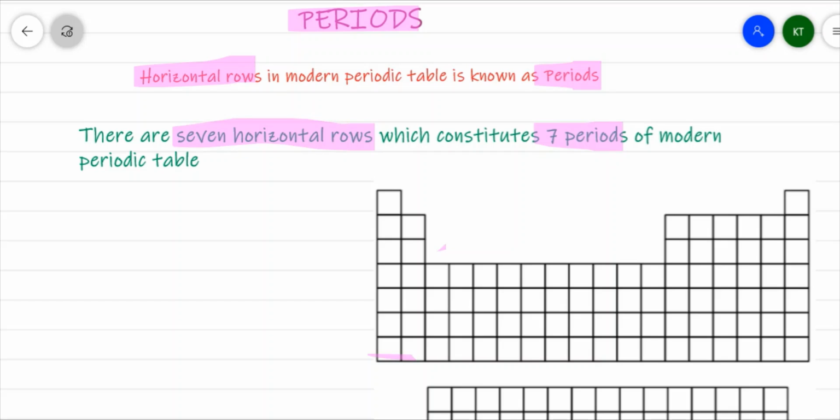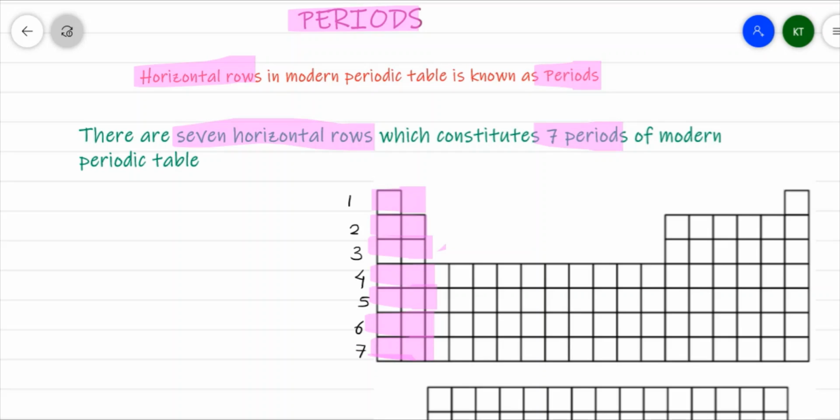So we can designate these as first horizontal row, second, third, fourth, fifth, sixth, and seventh.